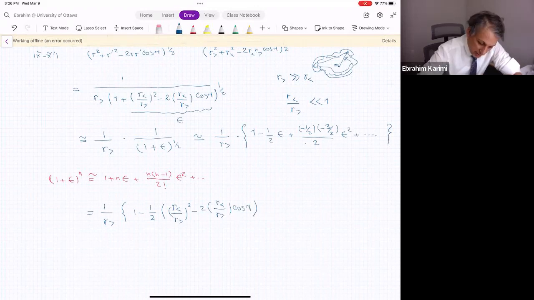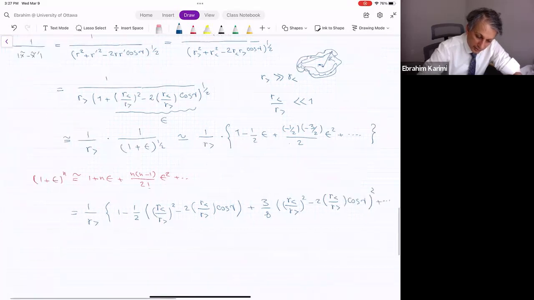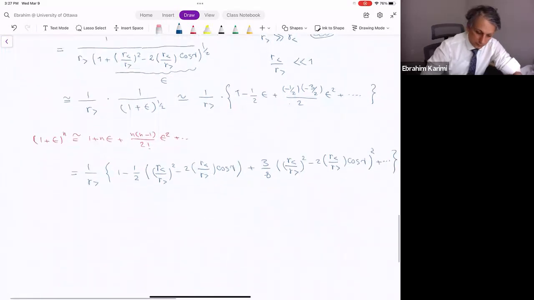The second term is minus multiplied by minus is plus 3 divided by 8, epsilon to the power of 2, which has the same expression. So it's R small divided by R great or large to the power of 2 minus 2 R small divided by R great cosine of gamma, to the power of 2, plus the other terms. Good?